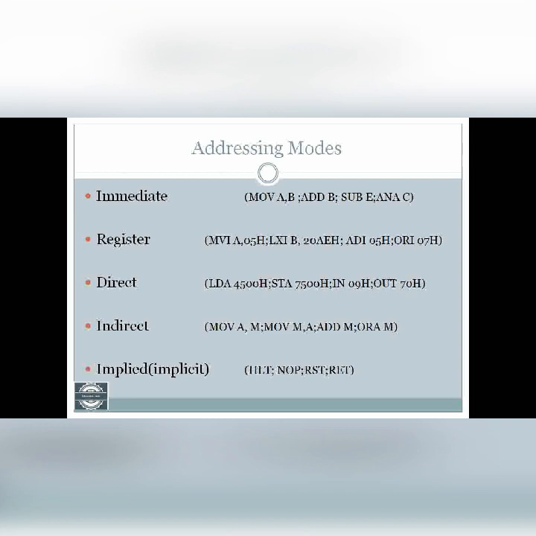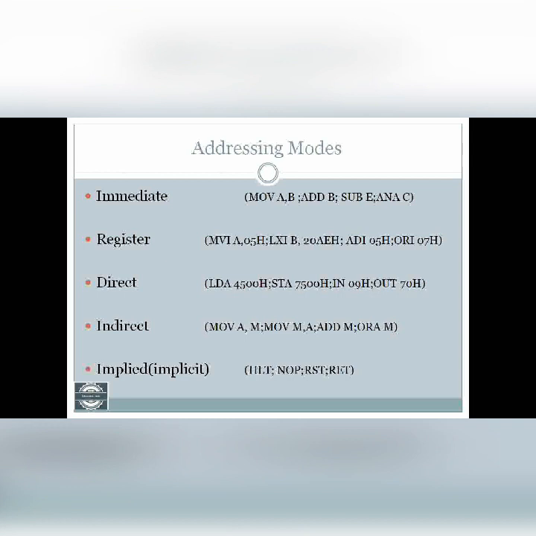Now the implicit or implied mode means sometimes the operation you have to hold, sometimes you have to reset, sometimes you have to redo this operation, or it will be a null operation.